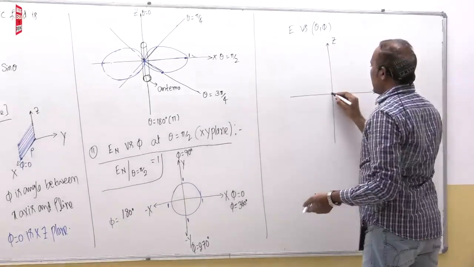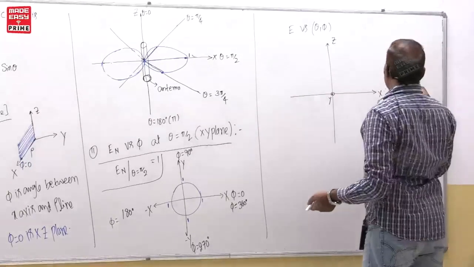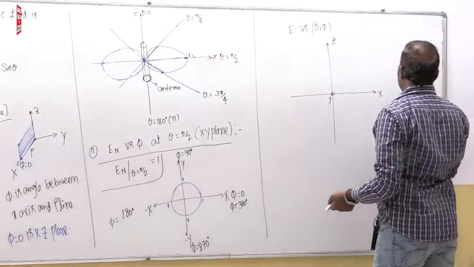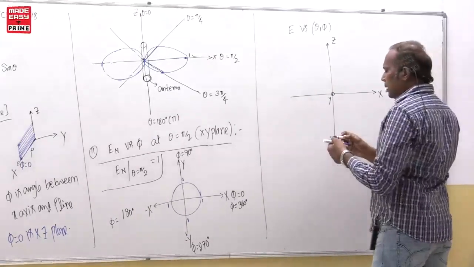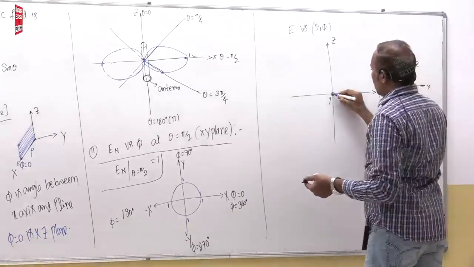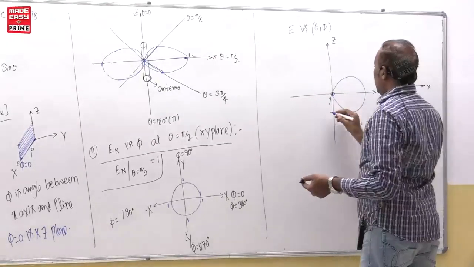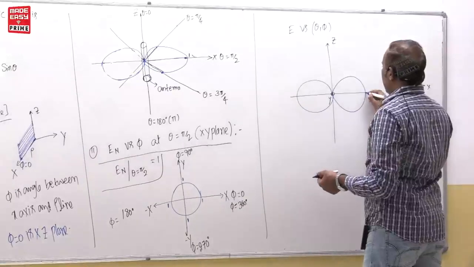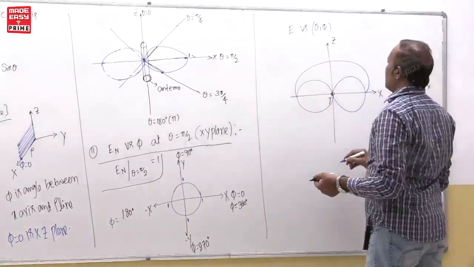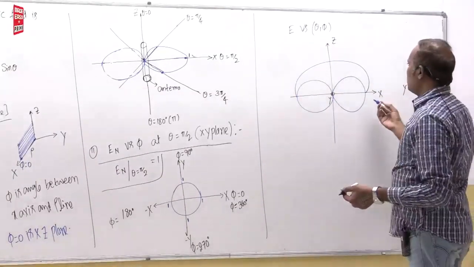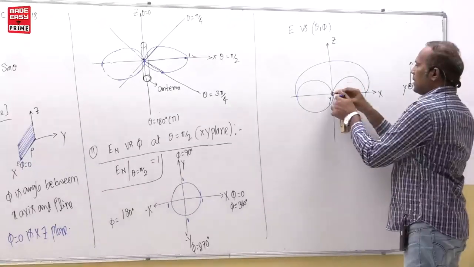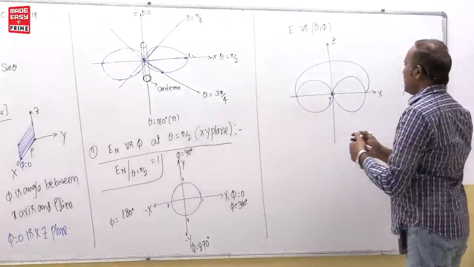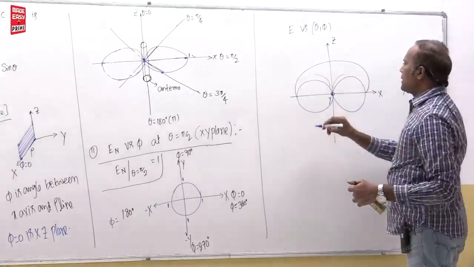Out of the board is the y-axis. Here there is a circle like this. This is y. That circle is coming from the back side like this. On the board you have to draw like this only. So the field pattern is like this.